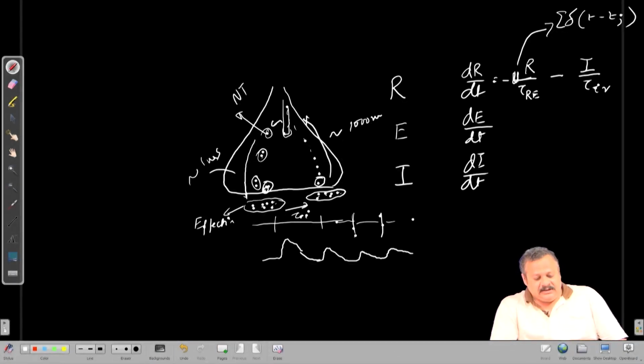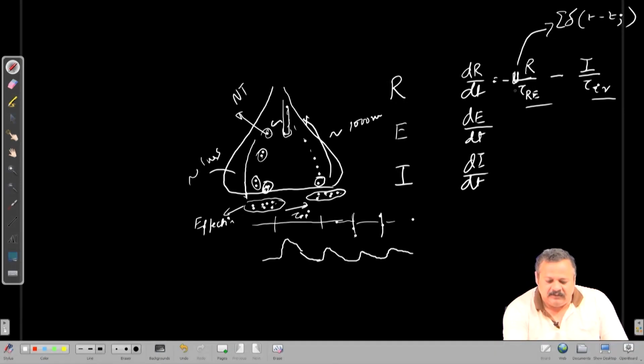It is this discrepancy in the time constants, between the recovered to effective and the I to R, that is tau IR, that determines that, based on activity, if we have more and more activity, we will have depression. It is pretty easy to show. So now we move to the other aspect, which is short-term facilitation.